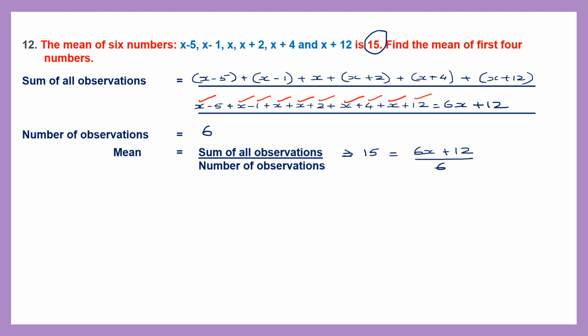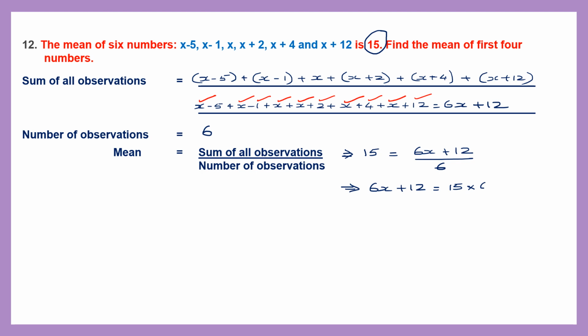So now this has become an equation. Now we're going to find the value of x from this. Let's write 6x plus 12 as it is. On the other side of the equation, we already have 15. And we are going to move this 6, which is division, to the other side. When it goes to the other side, it becomes multiplication.